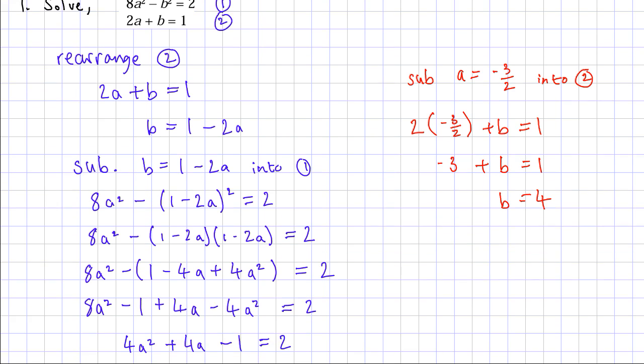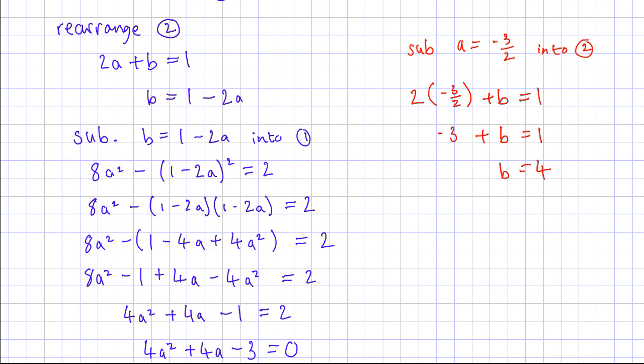And I need to find the other value. So I'm going to now substitute a is equal to a half into equation number 2. So I'm going to have 2 times a half plus b is equal to 1. Now 2 times a half is just 1. So 1 plus b is equal to 1. Now if I take away 1 from both sides, I'm going to get b is equal to 0.